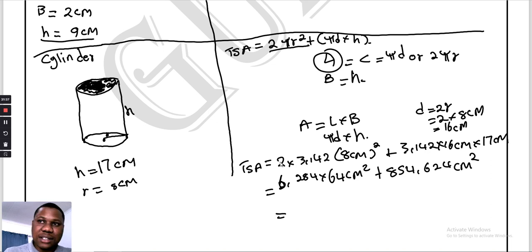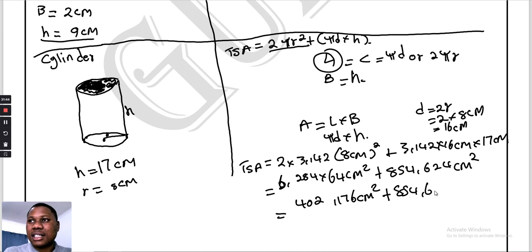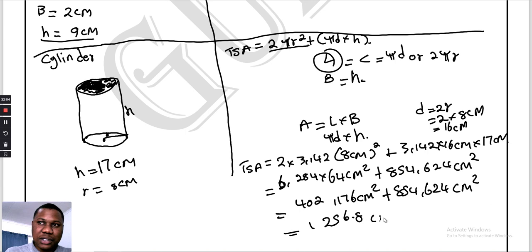That gives us 402,176 centimeters squared plus 854,624 centimeters squared, and that is equal to 1,256,800 centimeters squared, and that is our total surface area.